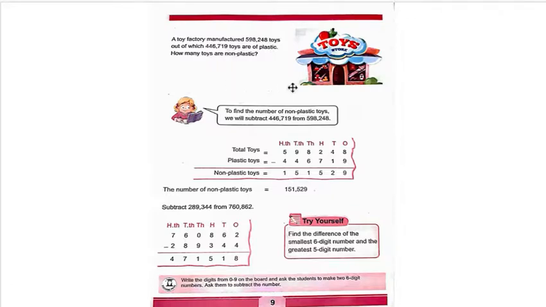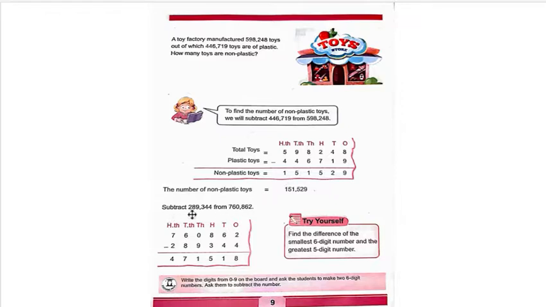To find the number of non-plastic toys, we will subtract 446,719 from 598,248. So when we subtract plastic toys from total toys, the answer for non-plastic toys is 151,529.